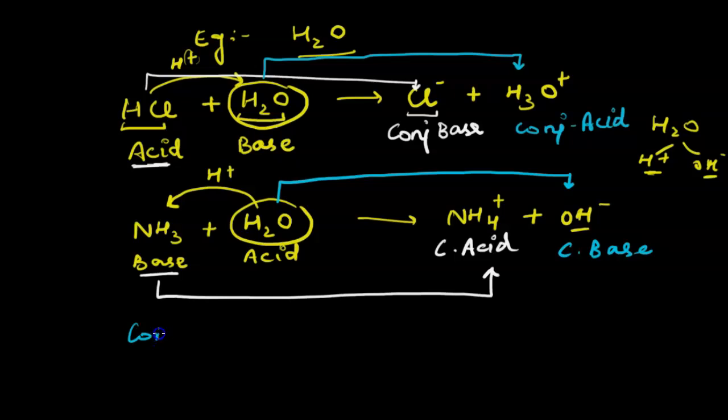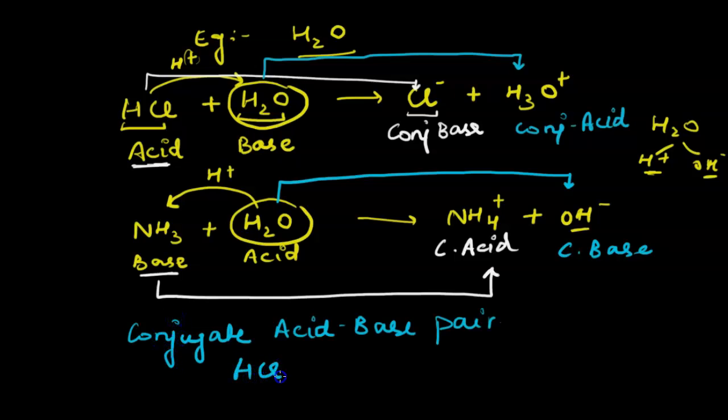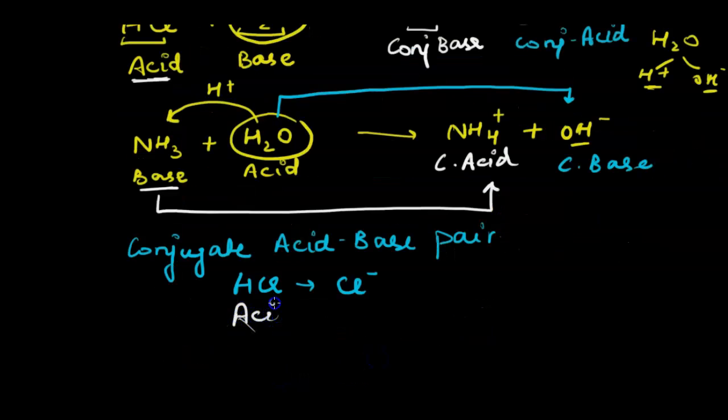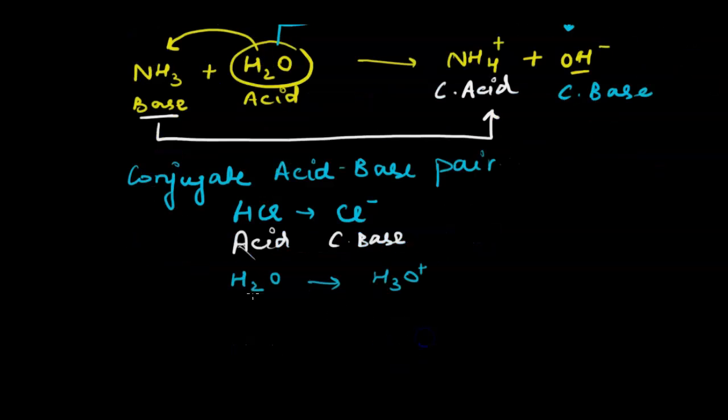Therefore, we have developed a conjugate acid-base pair. That is, if we have HCl, it becomes Cl negative, where this is called an acid and this is called a conjugate base. Similarly, if we have water and it becomes H3O positive, then here the water is called a base and this is called its conjugate acid.